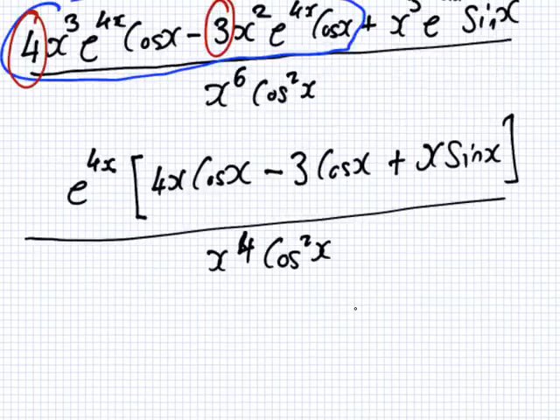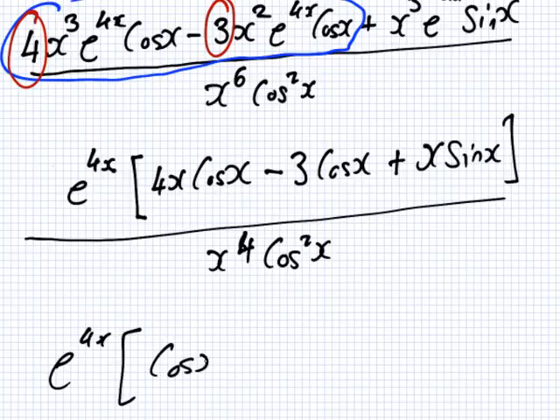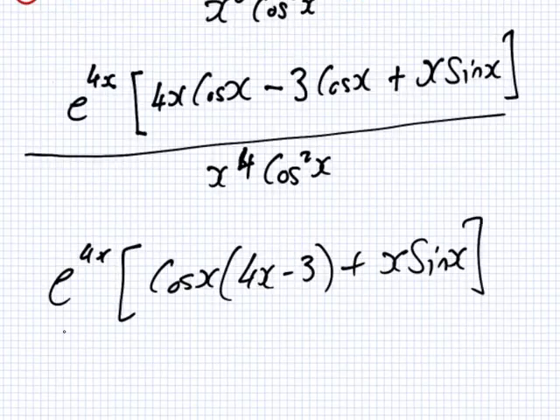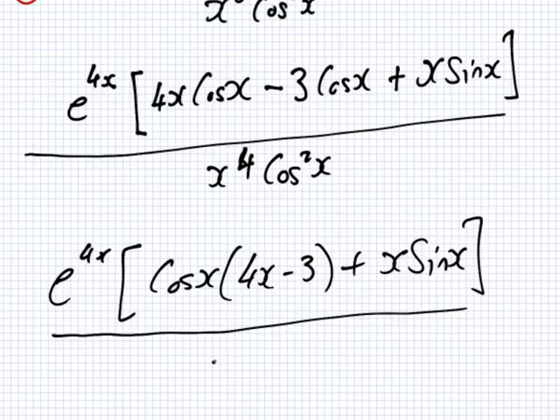I don't know. Let's see what they did. I feel like maybe the only other thing to do is take out the cos x here. So you can have e^4x (cos x (4x minus 3) plus x sin x). And maybe they left it as x squared cos squared x.